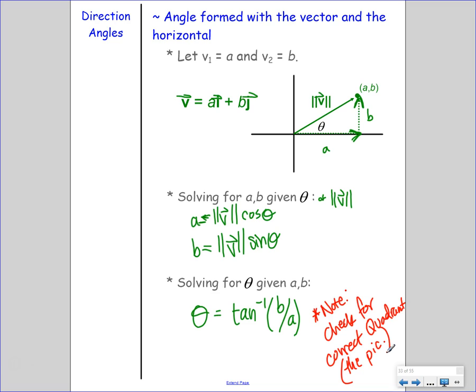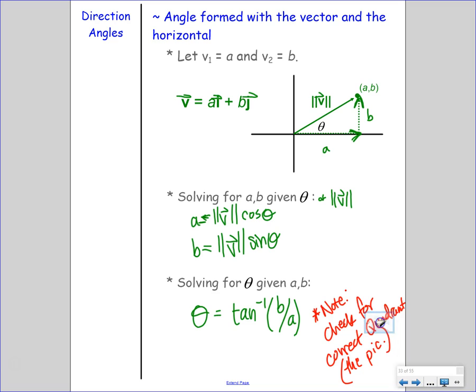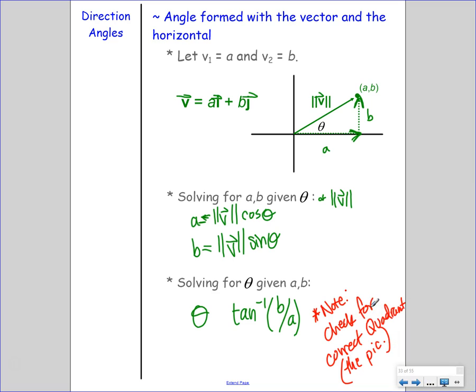So it might not be perfectly lining up, but whatever you get from tangent inverse can be used. I'm going to change this notation a little bit. I'm going to take away the equals, because what the calculator gives you for tangent inverse will not always match up with the angle that you're trying to find.